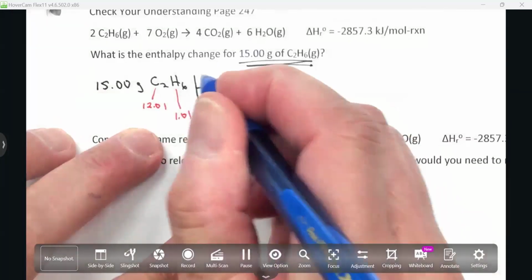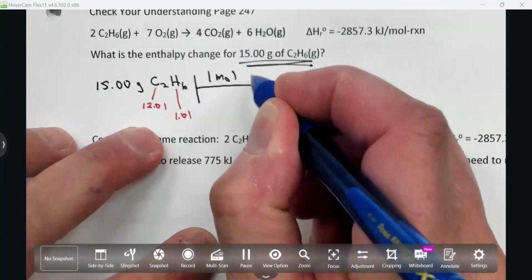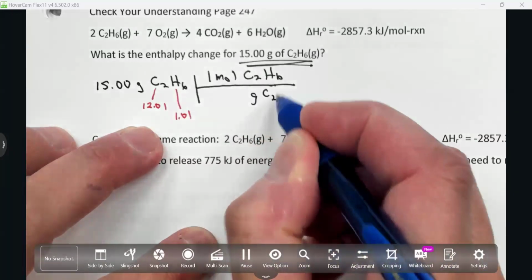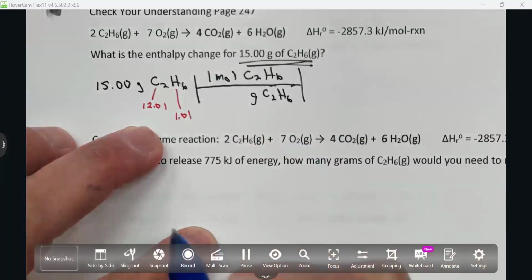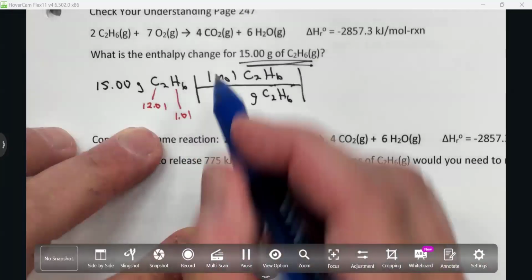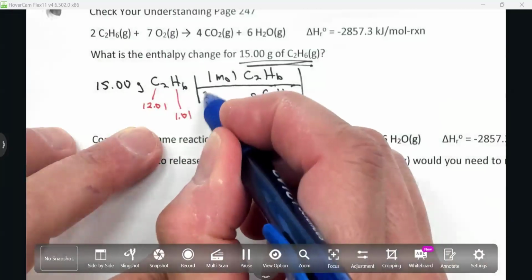How many grams in a mole? 1 mole of C2H6, grams: 24.02, 6.06, 30.08.